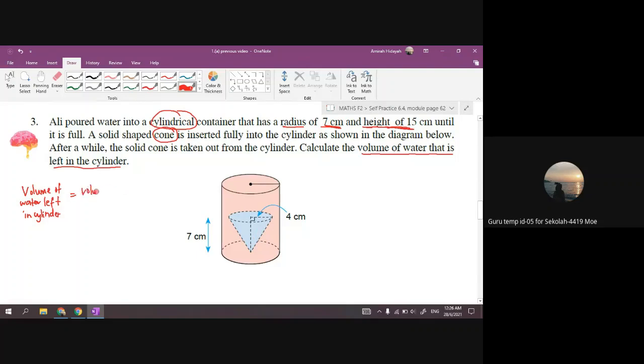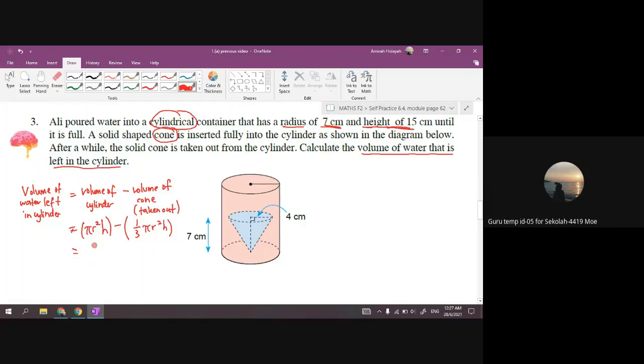So volume of cylinder minus volume of cone that is taken out. When you subtract both, you get the volume of water left in the cylinder. The volume of cylinder, you already know, is pi r square h, minus the volume of cone, whose formula is 1/3 pi r square h.